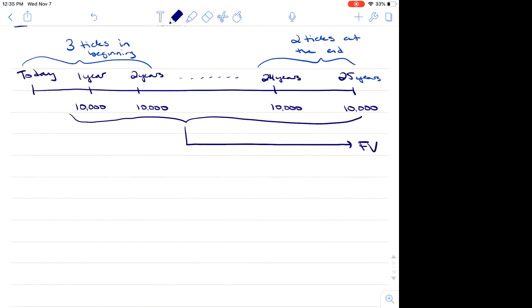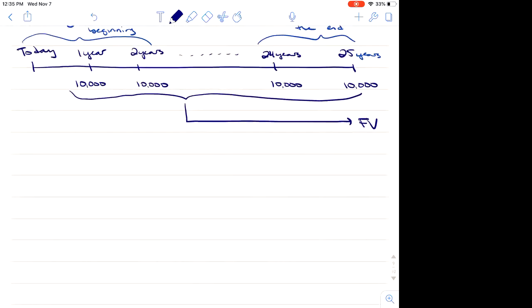And that's what we're going to use for our annuities, right? When we've got all these payments, we just show a couple, to give the idea of the lay of the land, and then we funnel them all into this future value. So n is the number of payments, right? I'm making 25 payments.